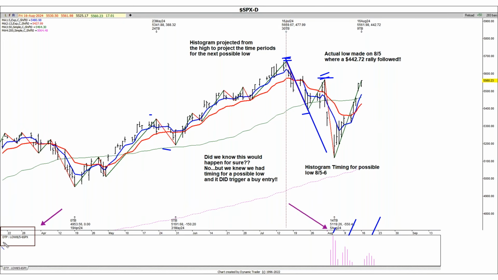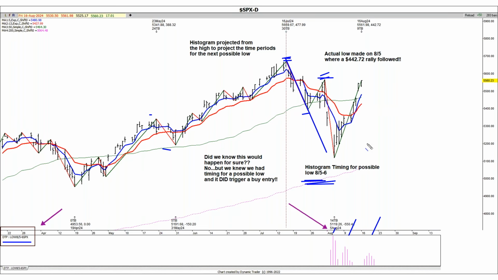And here you can see it says dynamic time projection, low August 5th, August 6th. So when the market's going straight down, this is one of the things you always want to know: when might it reverse? For two reasons. One, to possibly be a buyer. And number two, if you're short, to be ready to get out of the way, ratchet down your stops and protect profits on shorts.